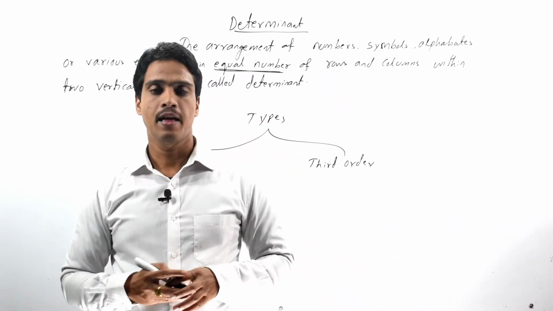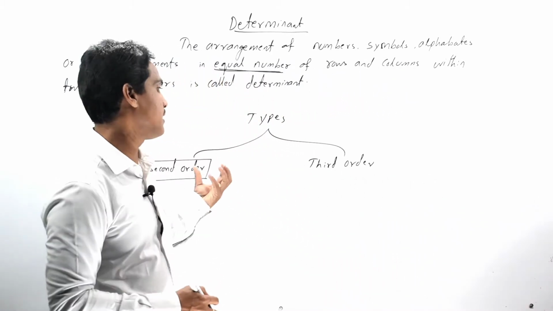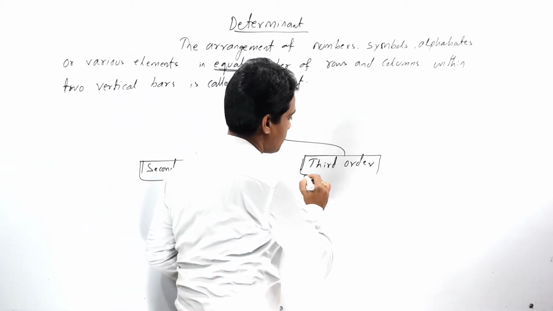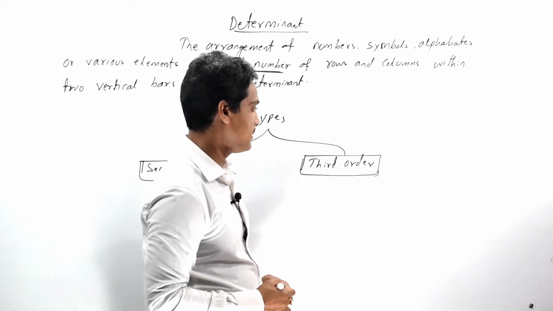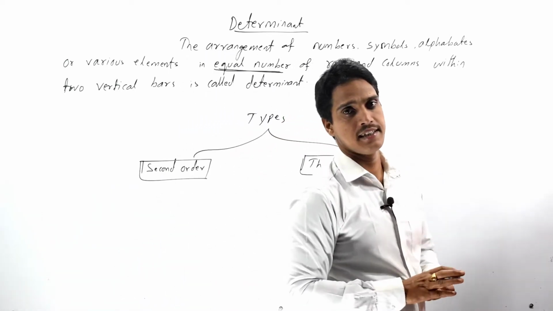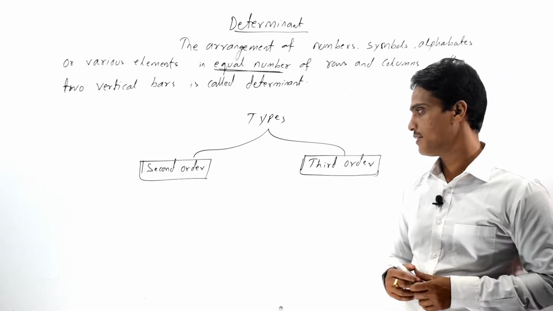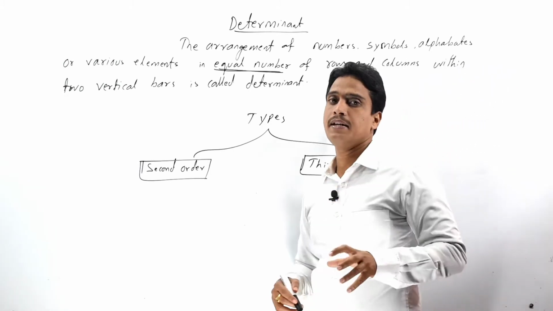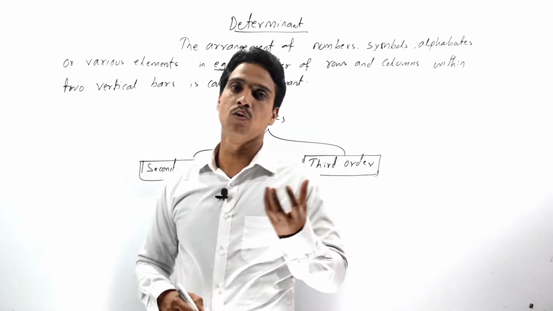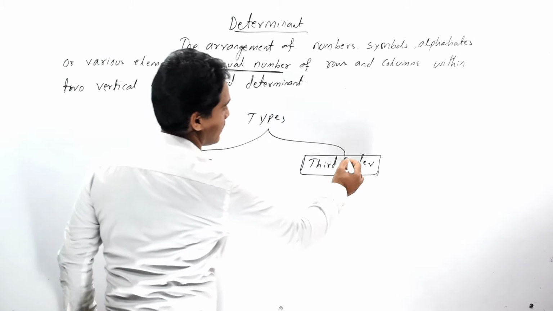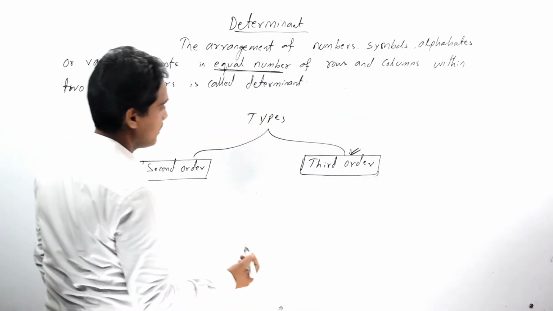Whereas in the case of the third order determinant, there are 3 rows and 3 columns. That means the determinant having 3 rows and 3 columns is called a third order determinant.